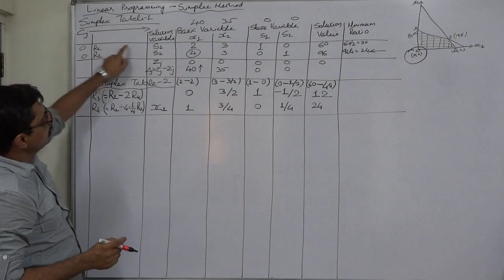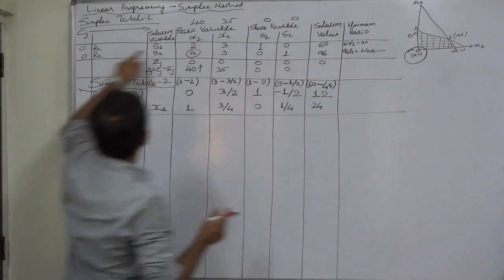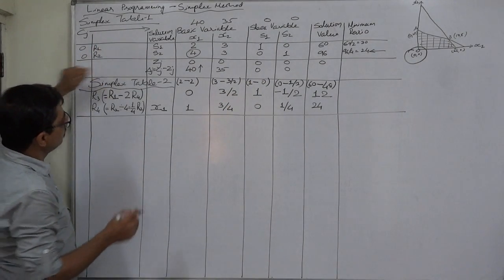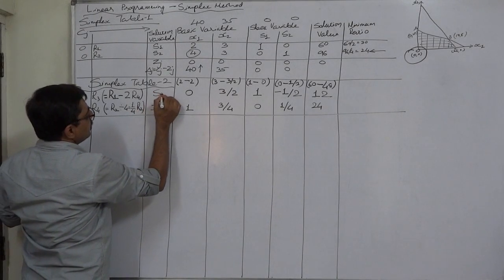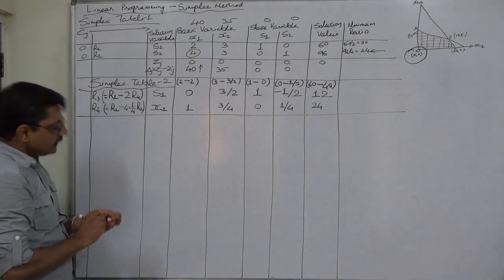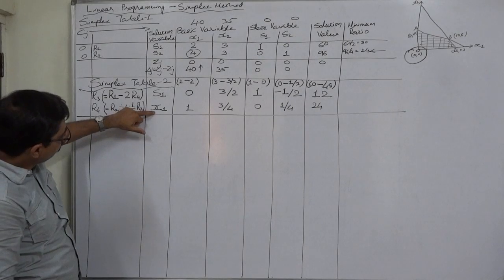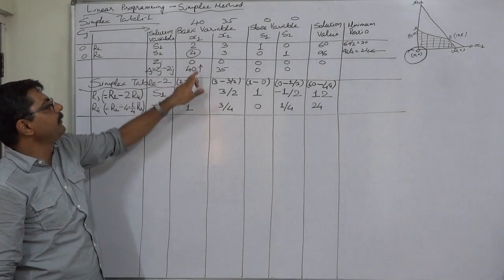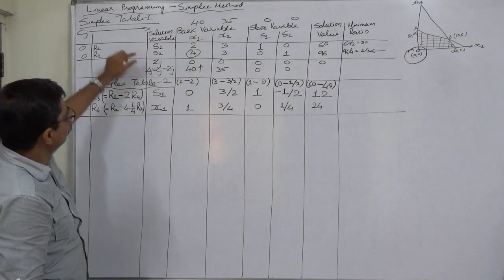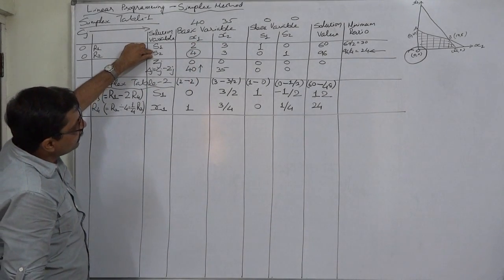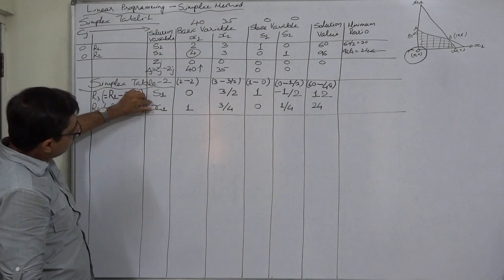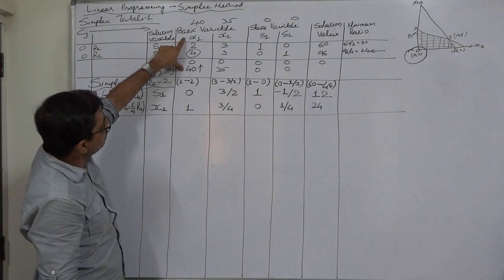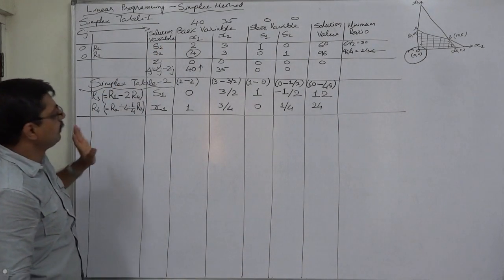But there was no change in R1 so far as the variable is concerned, so S1 stays as it is. Remember, here it will be the variable of the key column of the previous table. The variable of the key row will be removed and at its place the variable of the key column will be written.